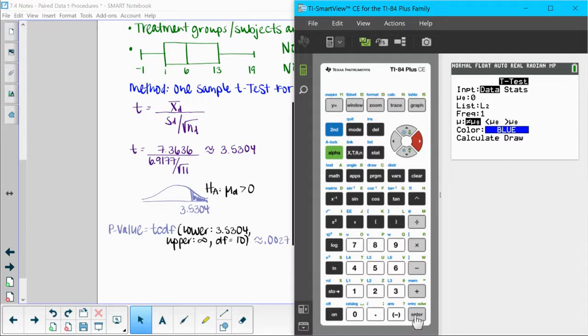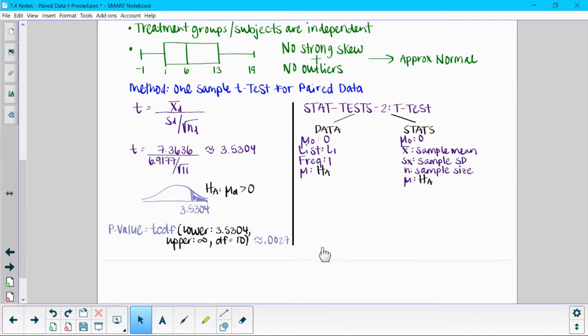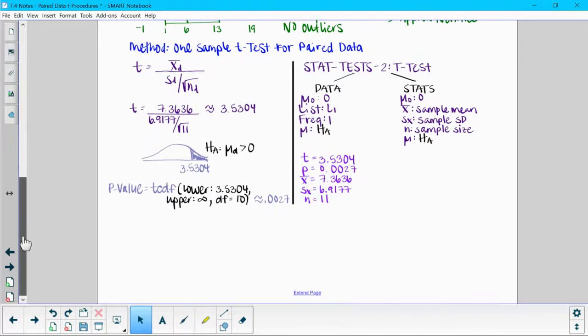So I'm going to select my last option, mu greater than 0. Calculate. And I get t is 3.5304, exactly the same. P is 0.0027, exactly the same. And like with any calculator method that you use, you write everything down that is on your output screen.